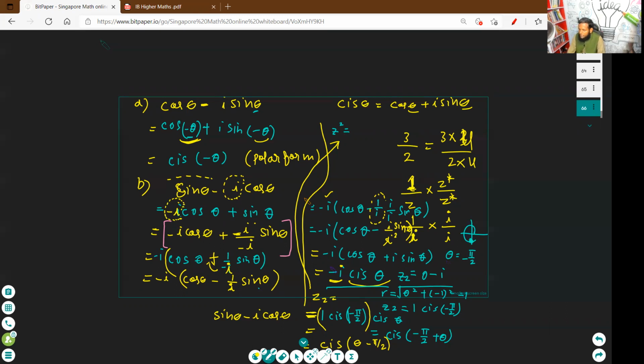Because minus i is here, but minus i is not here. We want to take common from two terms, and in our last term there is no minus i. So we want to take minus i common from the numerator. So we will multiply and divide with minus i. We multiply with minus i and divide with minus i, we take minus i common and this will remain as is.